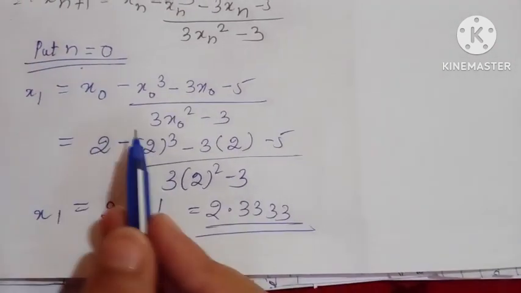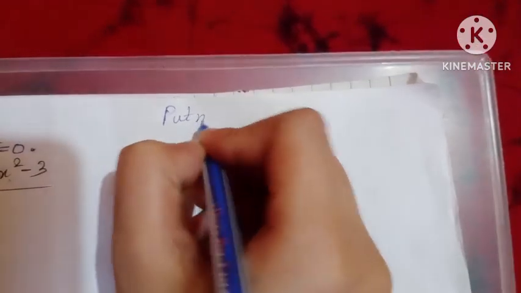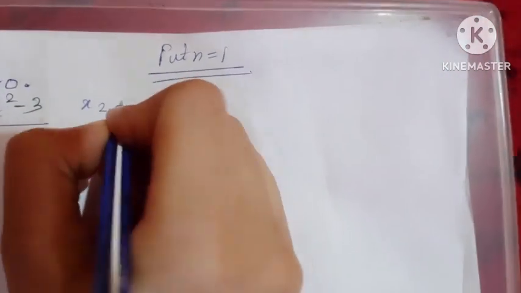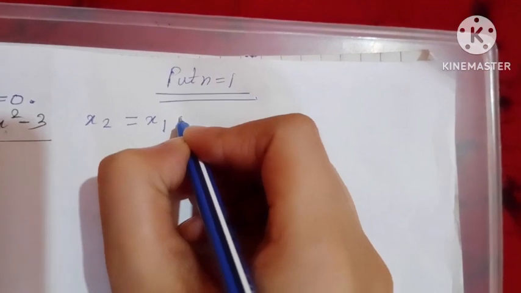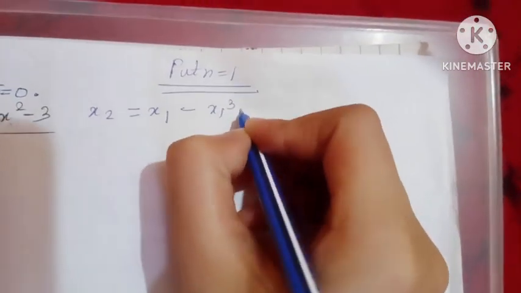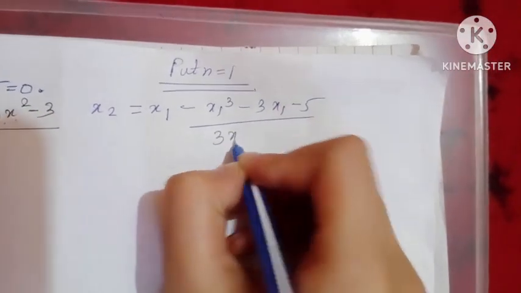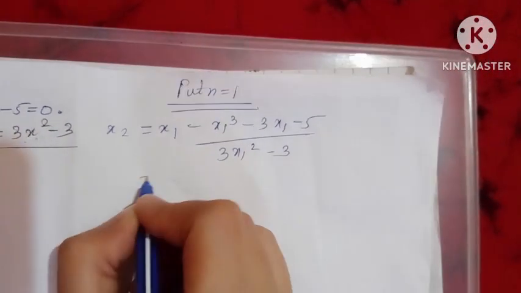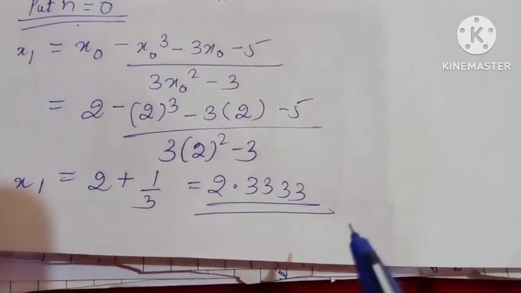Now put n equal to 1. So it will become x2 equal to x1 minus x1 cube minus 3x1 minus 5 divided by 3x1 square minus 3. So see, in the place of x1, you will substitute the value. We have got now x1 equal to 2.3333.